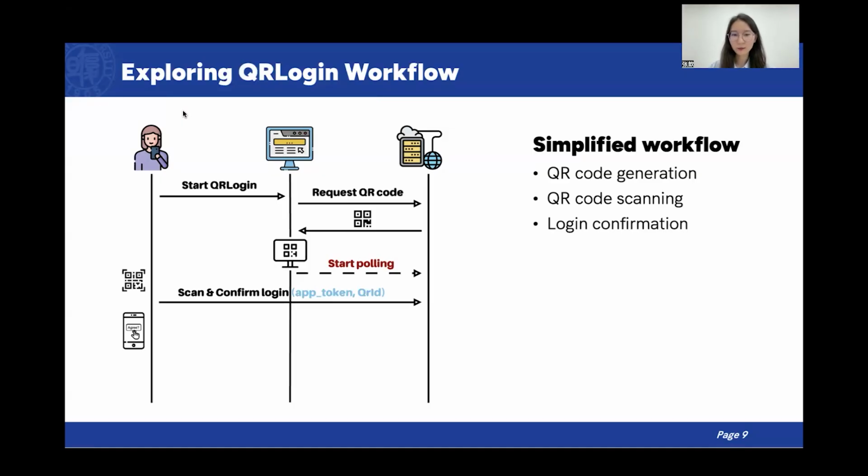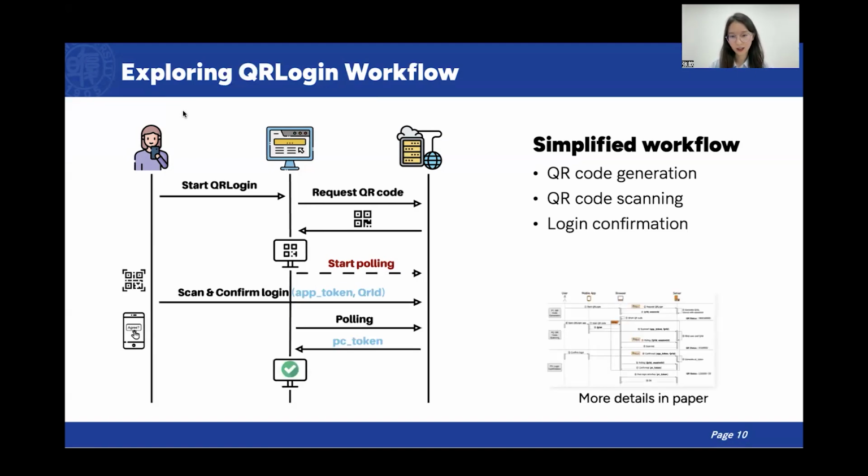The app sends a message with the user's app token to the server, essentially saying, this user authorizes this QR code. Finally, the server replies to the browser's poll with the login token, and the user is logged in. This is a simplified view, but it captures the key actions. For full details, please check our paper.